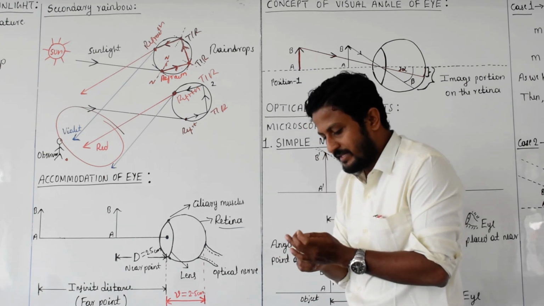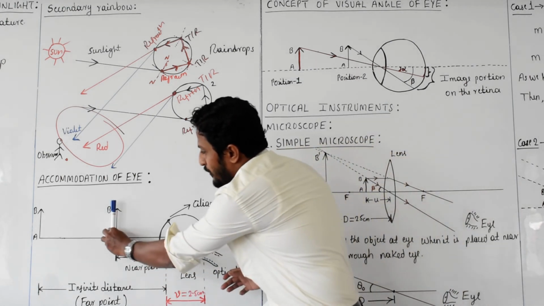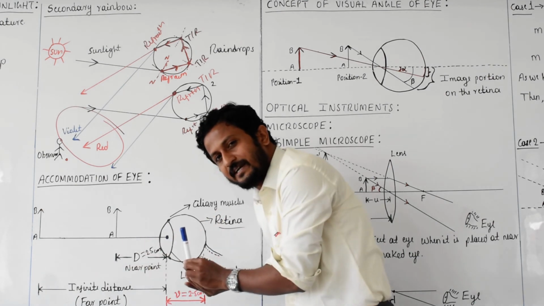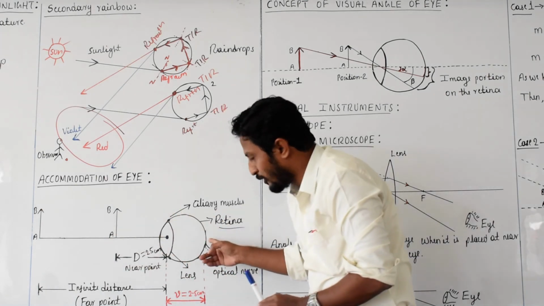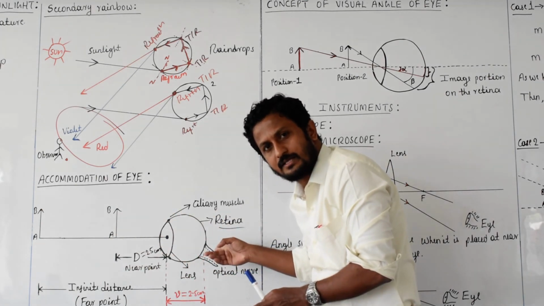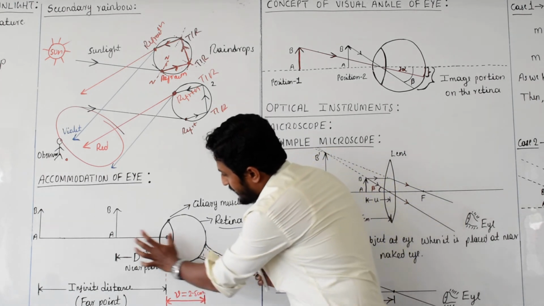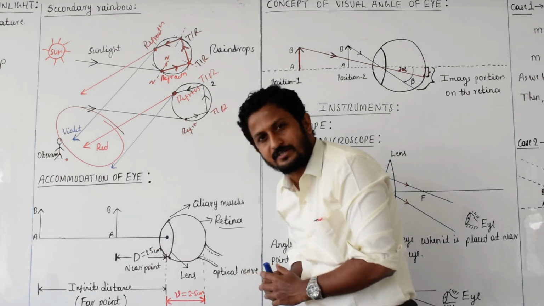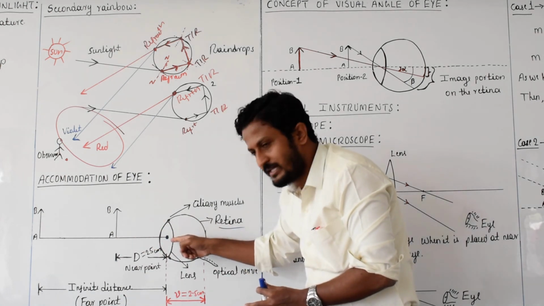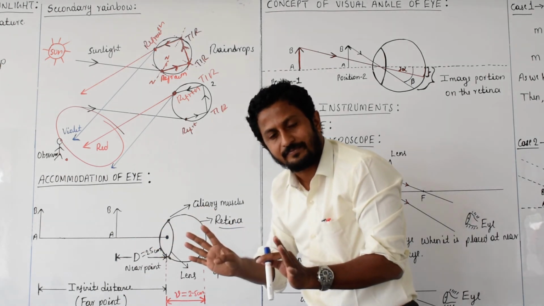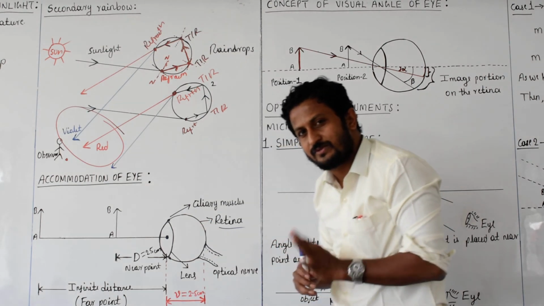See here. If the object is at the near point, then we can see it, meaning its image is formed on the retina. Image distance is fixed. From here to here it is the object distance. At that time the lens has a certain focal length. Now see here.